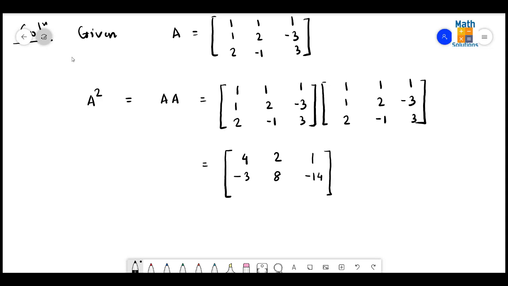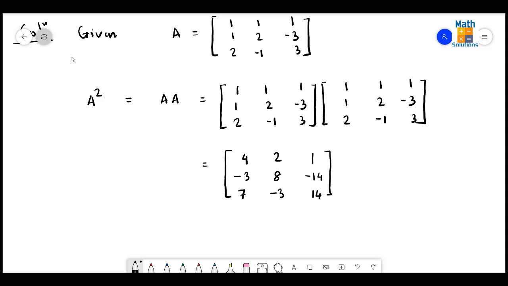Coming to the third row, what do I get? 2, minus 1, plus 6. The result will be 7. Then the result comes as minus 3, and for the last one it will be 14.